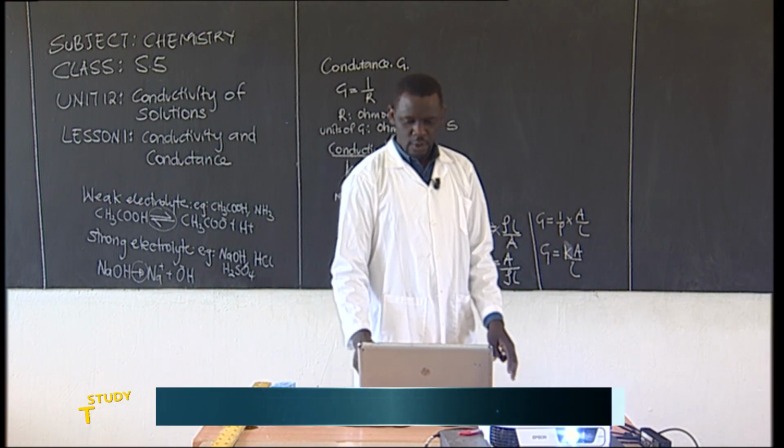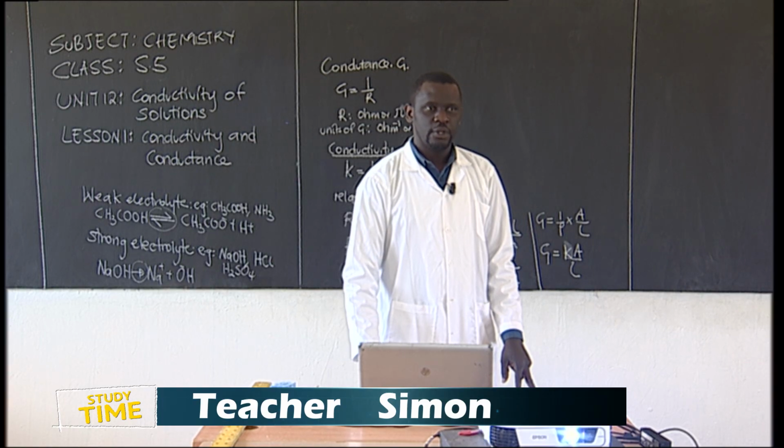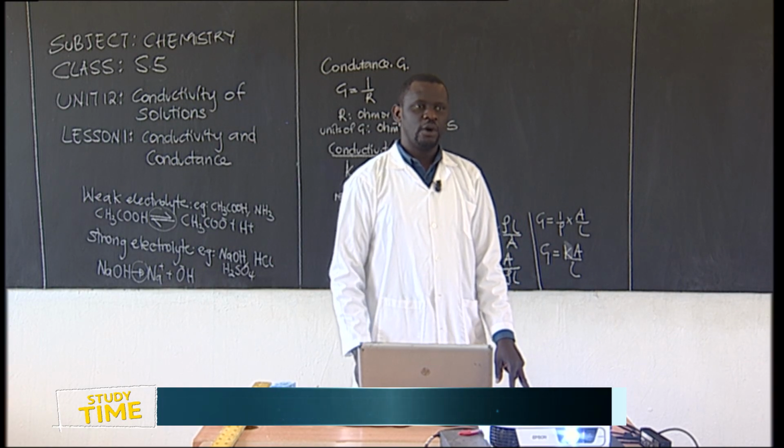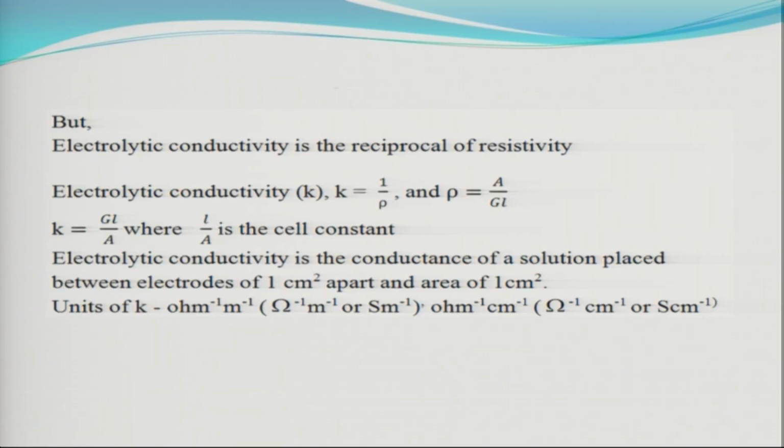So we continue. So we are going to say that electrolytic conductivity is the reciprocal of resistivity. Is the reciprocal of what? Resistivity. So you observe that electrolytic conductivity K will be equal to 1 over resistivity.